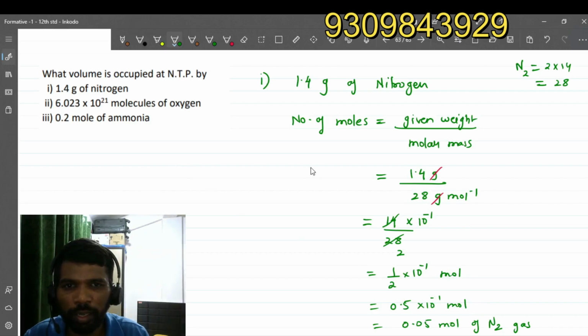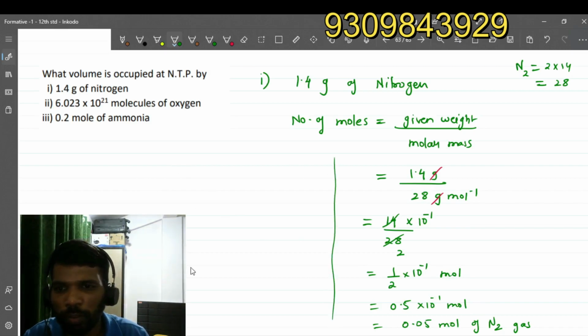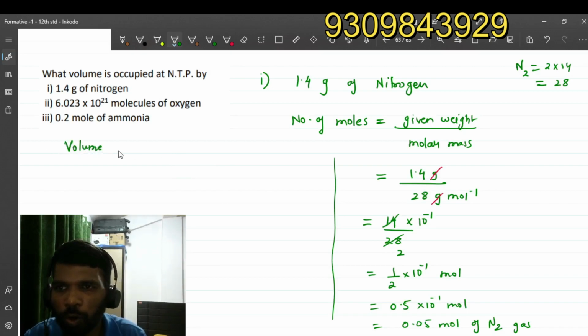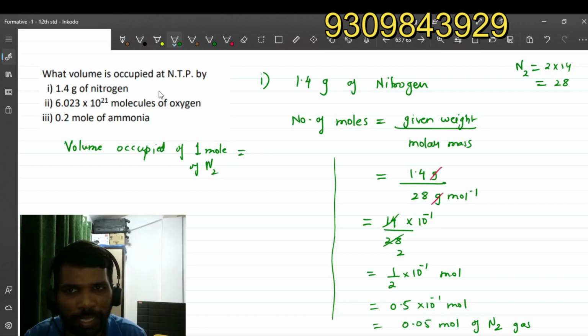Once we get the number of moles, we can easily calculate the volume occupied. Volume occupied by any gas, remember this, irrespective of molar mass. Volume occupied by 1 mole of N2 at STP is 22.4 liter. So what will 0.05 mole occupy? X liter. So we can do cross multiplication. X into 1 is equal to 22.4 into 0.05.